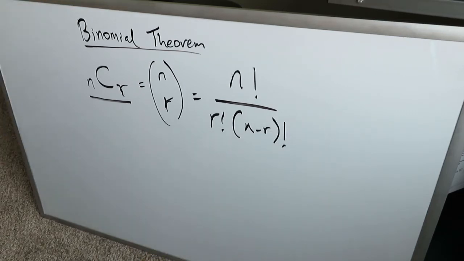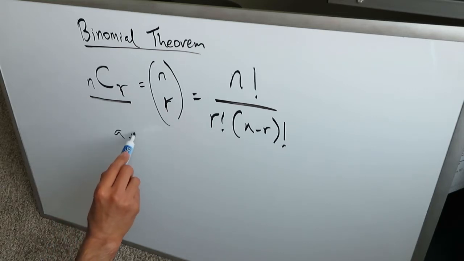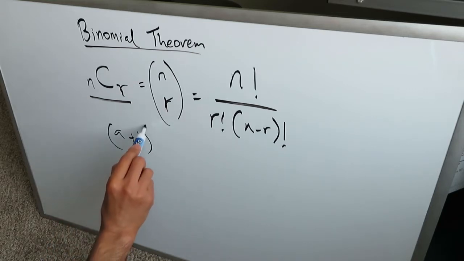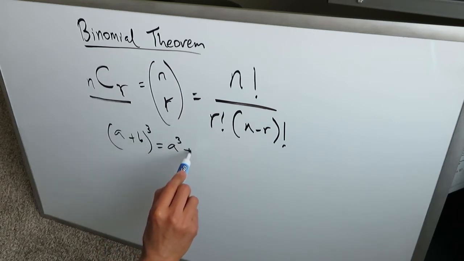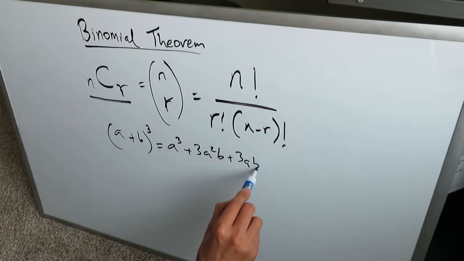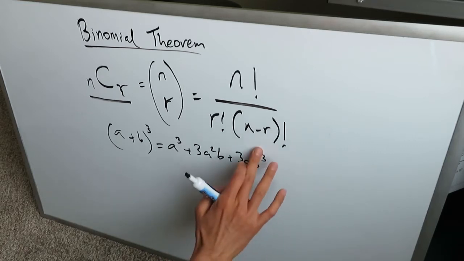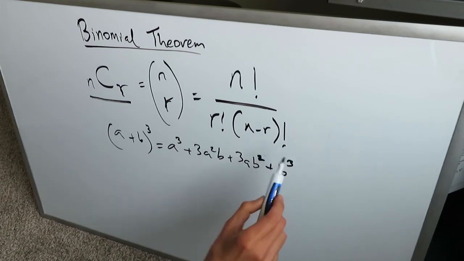Why do we have to know this specifically? Because of this reason alone. If I showed you this as an example, and I did momentarily, you know we had this as our answer: a cubed plus 3a squared b plus 3ab squared plus b cubed.